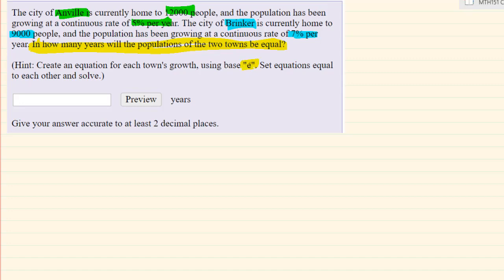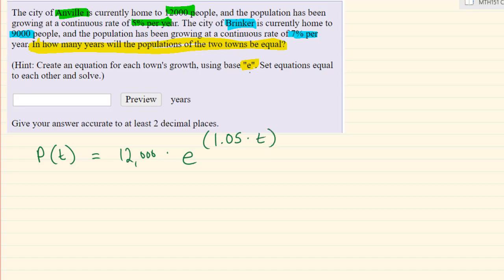So what we're going to do first is create an equation representing the population of Annville at time t. So you could say that P of t, the population of Annville at time t, is equal to 12,000 people, their current or initial value, times e to the 1.05t.